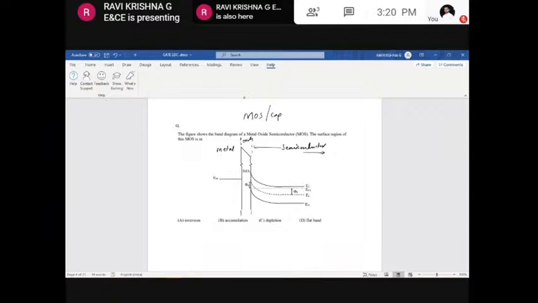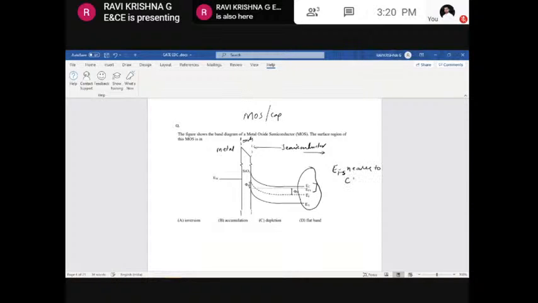If you carefully observe the semiconductor here, EFS represents the Fermi level of the semiconductor. This Fermi level is nearer to the conduction band.